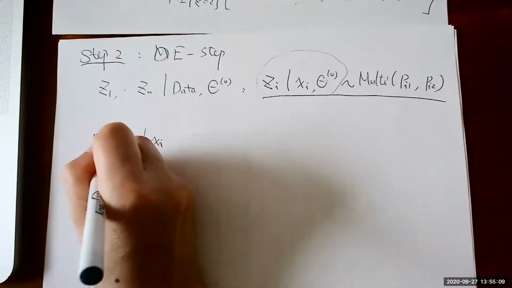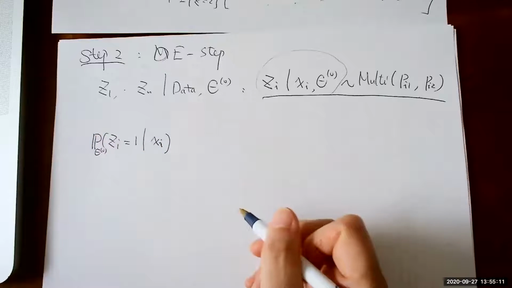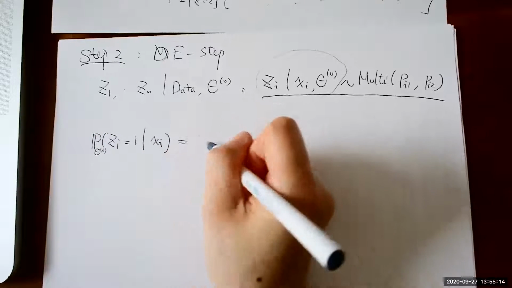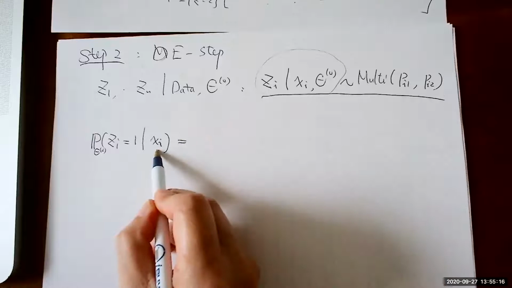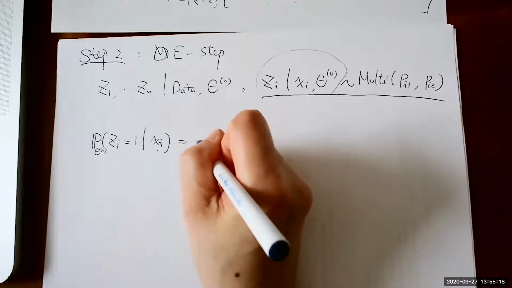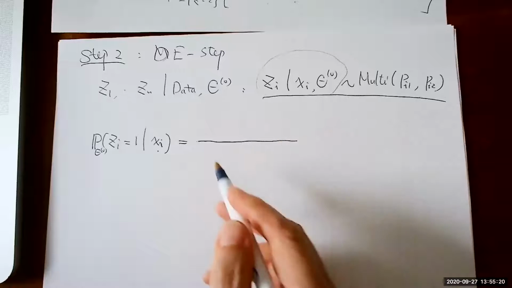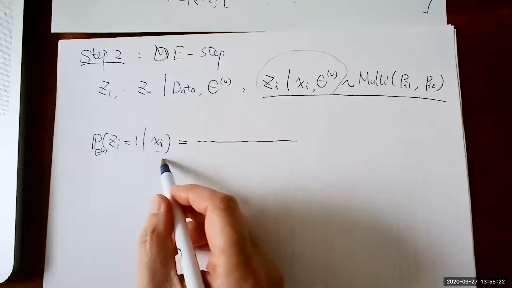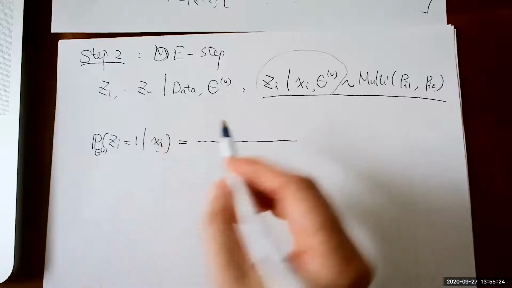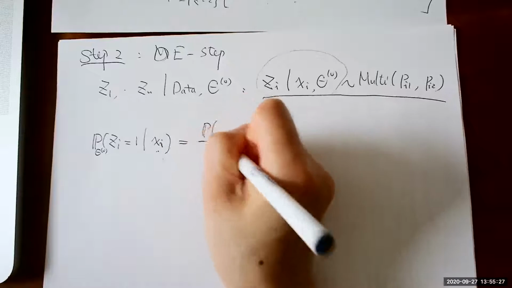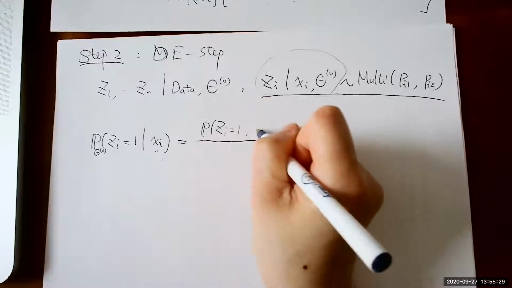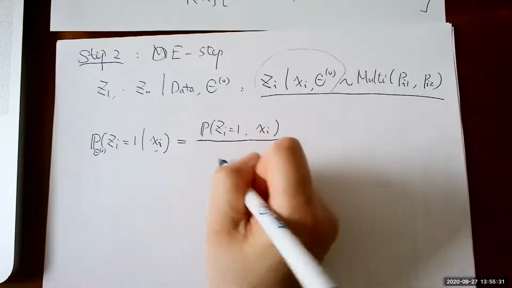And let me put the parameter here, okay? This is a conditional probability, and although this one is continuous, as I mentioned for coding 1, you can still treat them as discrete, meaning the conditional probability is just equal to the joint and divided by the marginal.